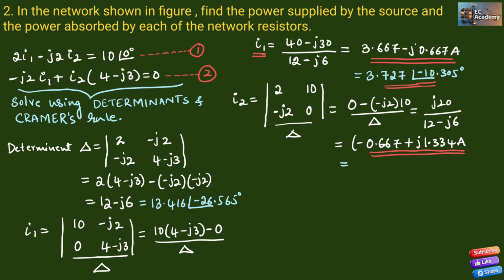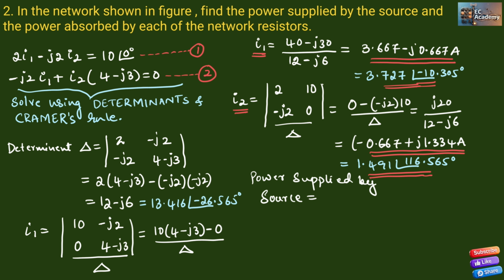We can write this as 1.491 at an angle of 116.565 degrees. Now, in the problem, they are asking us to find the power supplied by the source. The power supplied by the source will be equal to the source voltage multiplied with the conjugate of the current.